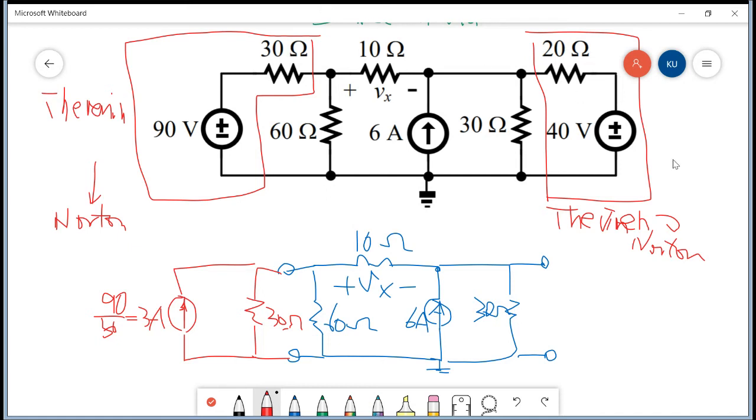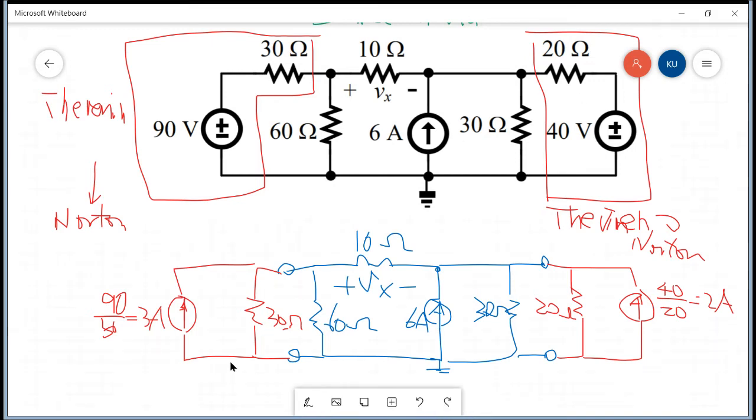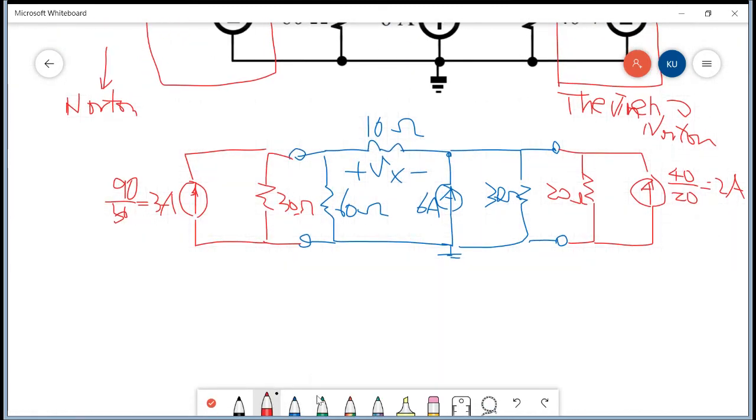And for this part, we have 20 ohm, 20 ohm. Resistance doesn't change. And then this voltage source pointing upward, so the current source also points upward. And then it is 40 volts over 20 ohm, which is 2A. So we can further simplify this circuit.